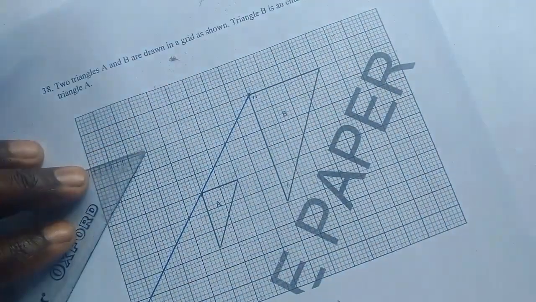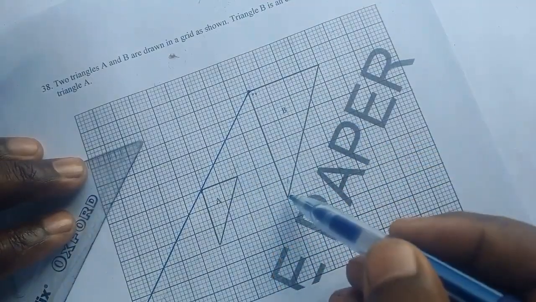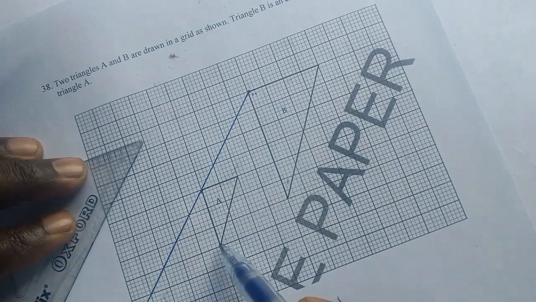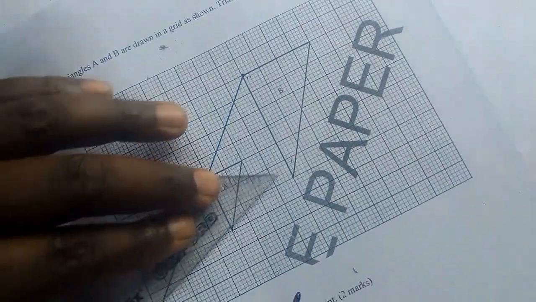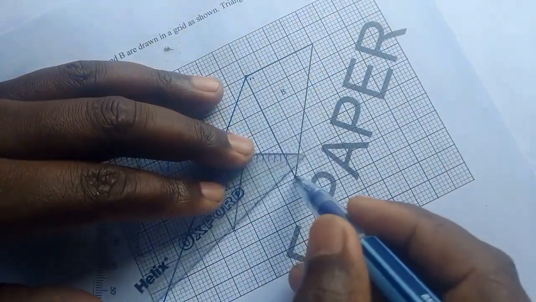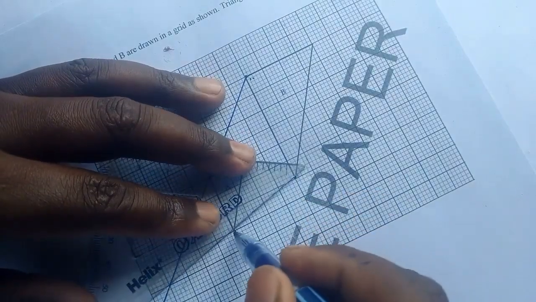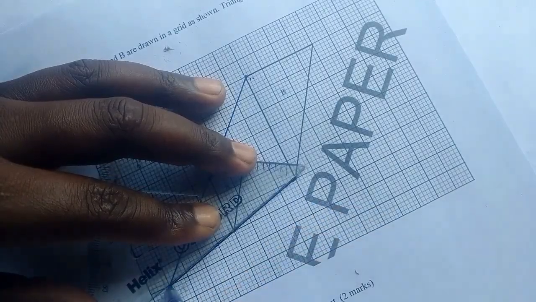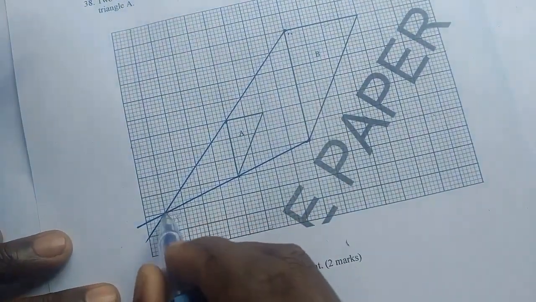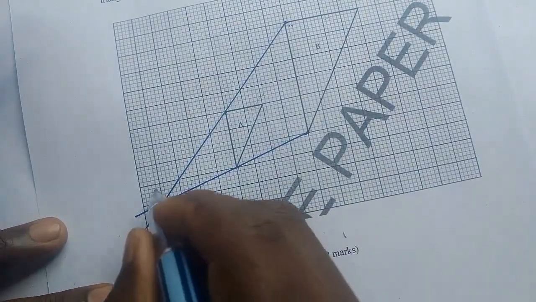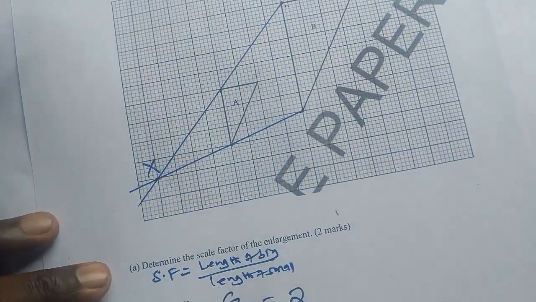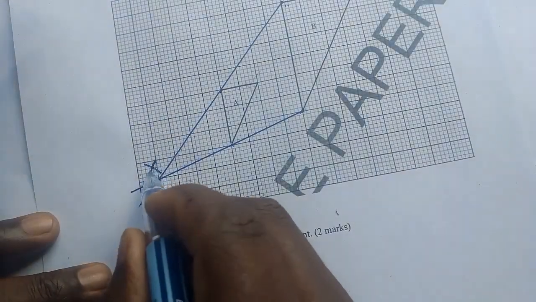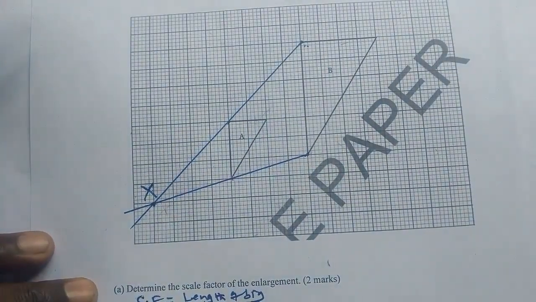Again, this point is also this point which has been enlarged into this. So join this and that. So where the two lines meet, that is our center of enlargement. So in this case, this is X, the center of enlargement.